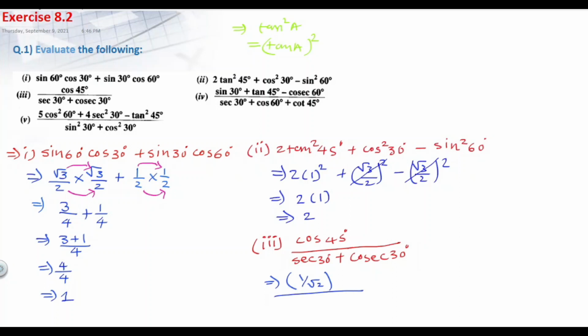Sec 30 degree is the inverse of cos 30 degree, and cos 30 degree is root 3 by 2. So sec 30 degree is the inverse of root 3 by 2, which is 2 by root 3. Plus cosec 30, which is the inverse of sin 30. The value of sin 30 is 1 by 2, so the inverse of 1 by 2 is 2 by 1.